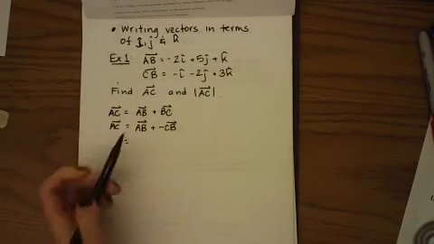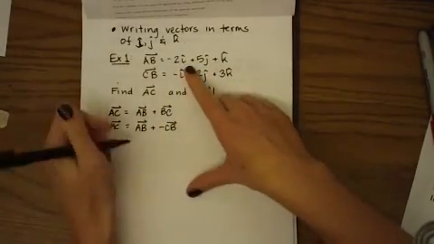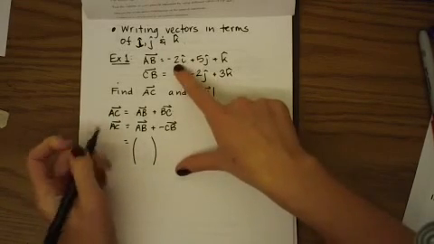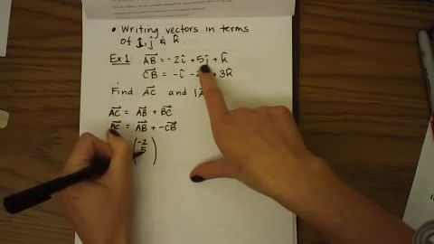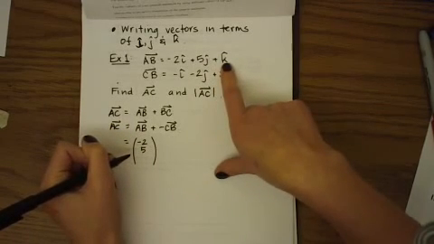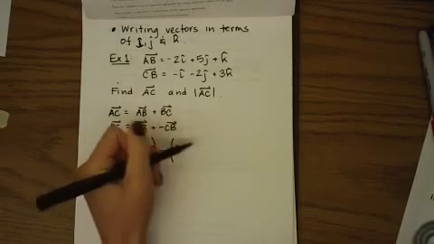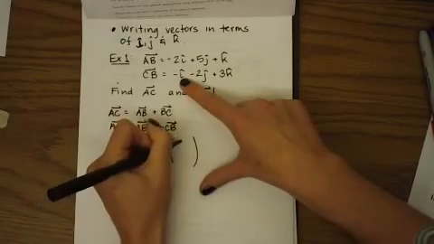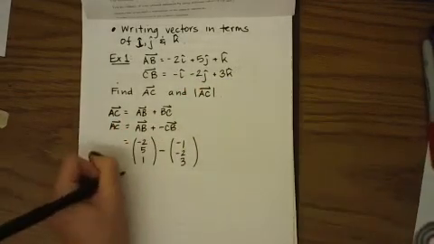Alright, so vector AB we have written up here in ijk form. So we could rewrite it in component form, and the x component is -2, the y component is 5, and the z component is 1. And we want to subtract from that vector CB, so -1, -2, and 3.